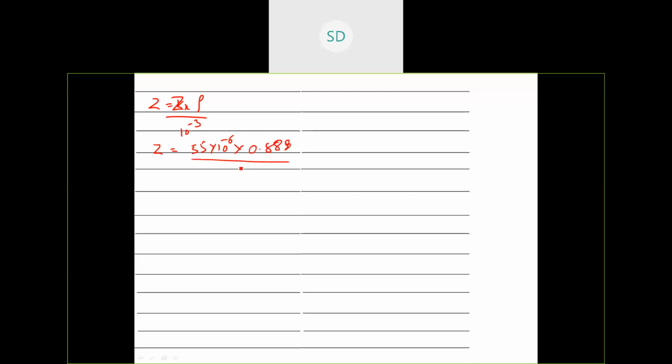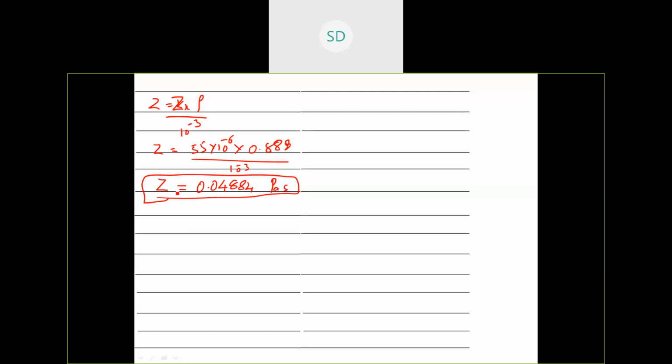Someone calculate how much you are going to get. 0.0488. Now Z equal to how much? 0.04884 Pascal second.